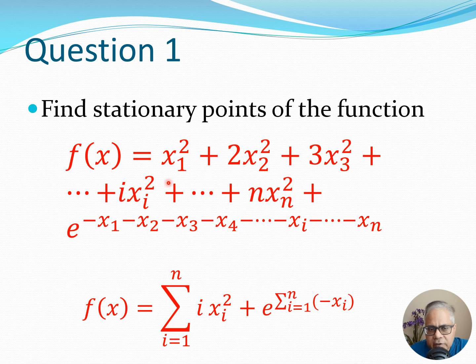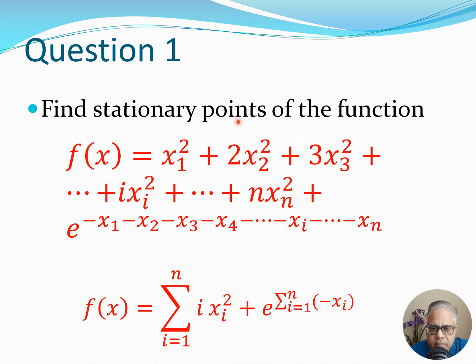Now if we take the functions I showed in the previous slide and we extrapolate them to n dimensions, then we get a function of this form here. So now I have f of x is x1 square plus 2x2 square plus 3x3 square plus all the way to i xi square and then all the way to n xn square.